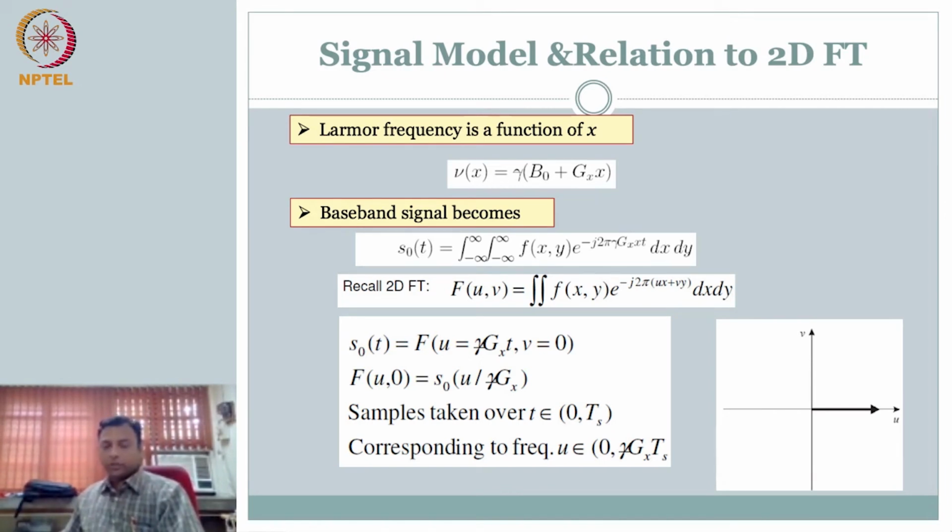Now when you look at it, it should be strangely similar to a standard formulation that we know. And what is that? A 2D Fourier transform. Recall when we did the first few classes, the 2D Fourier transform F of u comma v is the integral of f of x y e to the power minus j 2 pi (ux plus vy), with u and v being the frequency directions of x and y. So now you clearly start to see something that was weird at the beginning, but we know the mathematics.